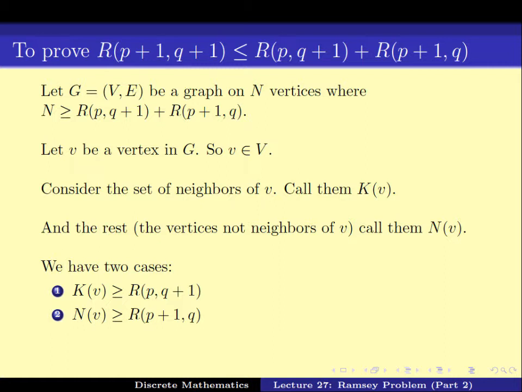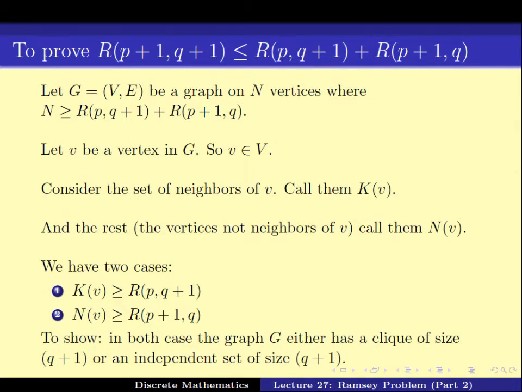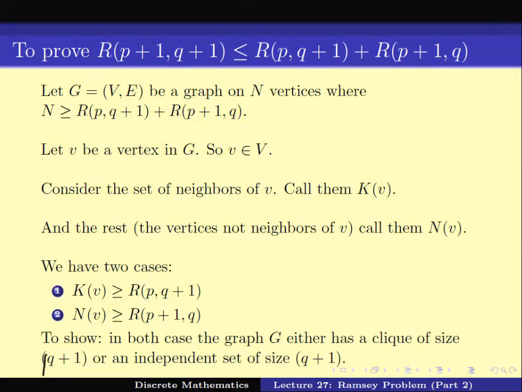And what do we have to prove? If we can prove that in either case we have a clique of size P plus 1 or an independent set of size Q plus 1, then we have proved that a graph G with n greater than this has either a clique of size P plus 1 or an independent set of size Q plus 1.